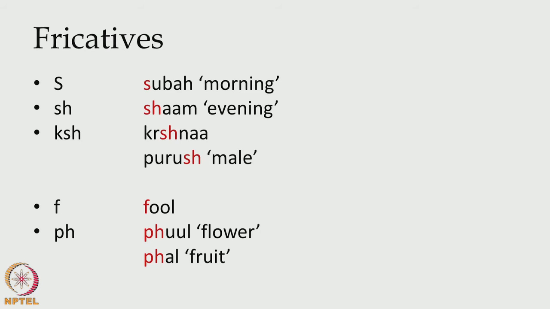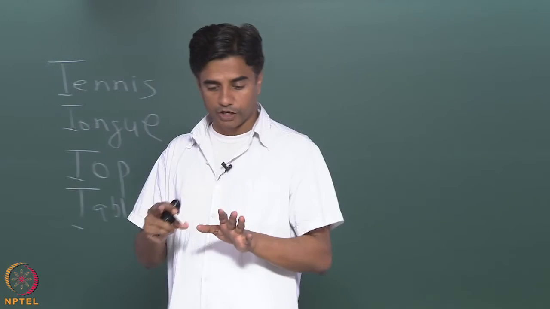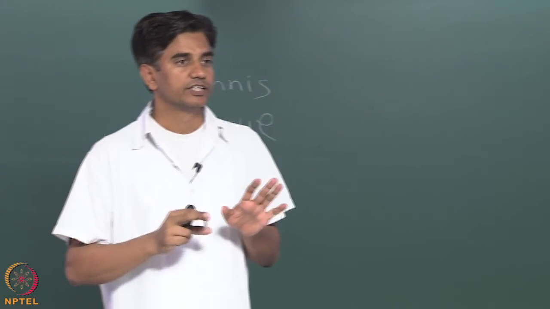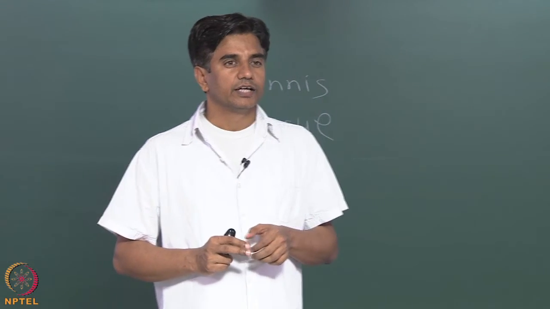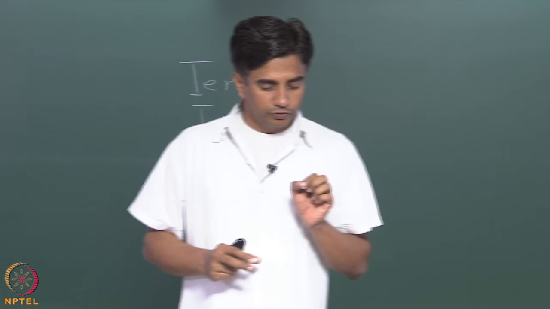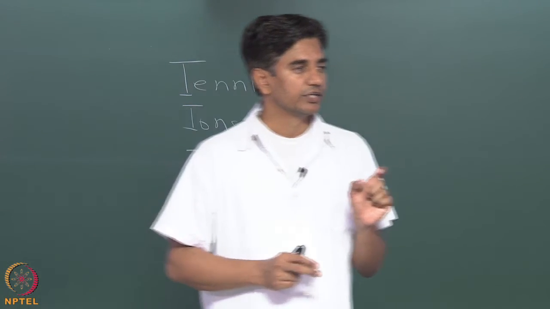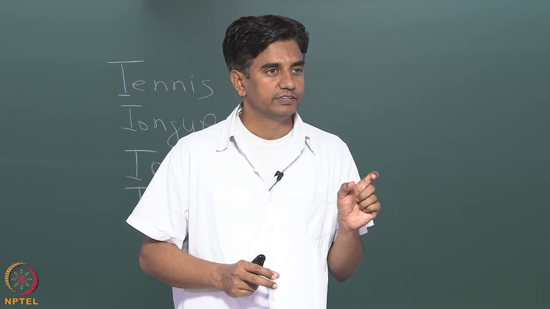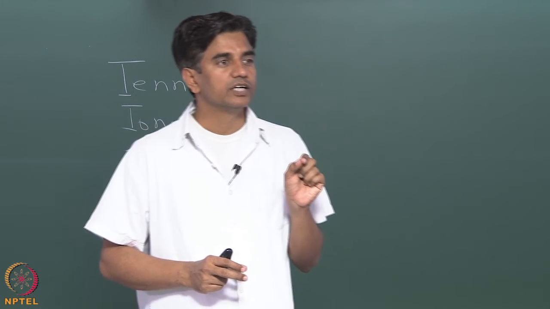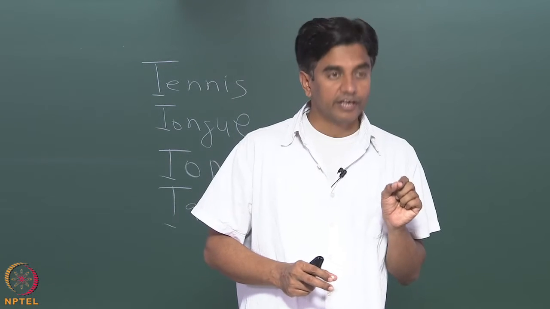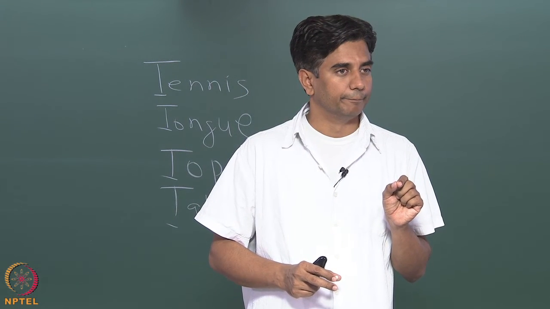Now, let me show you some words, and with those words we can talk about such sounds. The sound sa in a word like subah, or a sound sha in a word like sham.